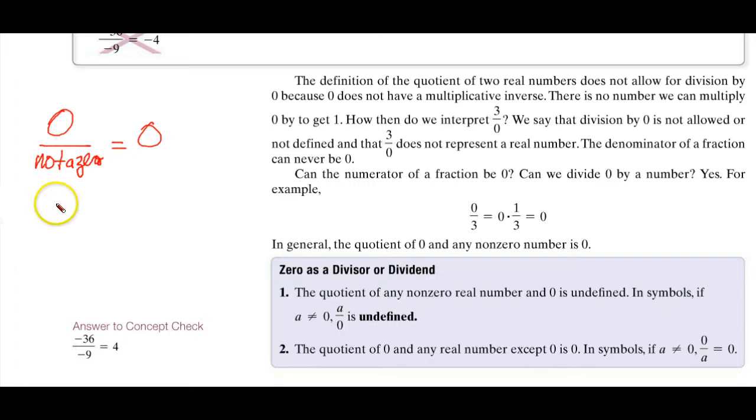But anytime you divide a real number that's not a 0, then if you try to divide it by a 0, we say that is undefined. That is, it doesn't exist. Okay? And you'll be using that. And here it is right there. Okay, good.